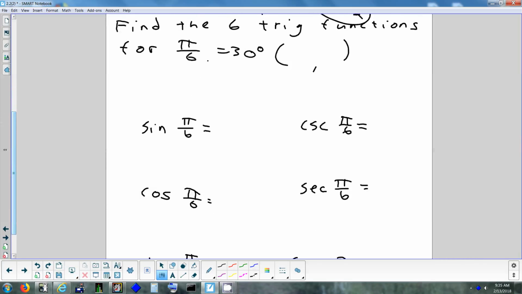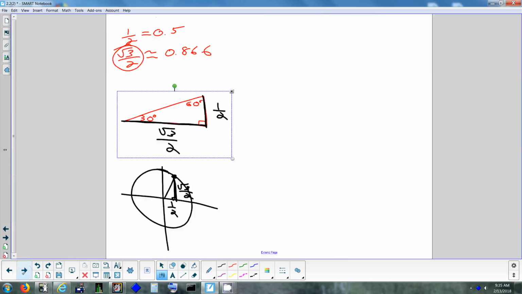Okay, now in my head I'm already thinking, all right, 30, it's a 1/2 and it's a root 3 over 2. I just have to get them in the right order. If you're not sure of the order, draw a little sketch and figure it out. But can anyone tell me what the coordinate would be for the 30? Lauren? Root 3 over 2 and 1/2. Yep. A lot of times what I do is I don't even draw this sketch out.